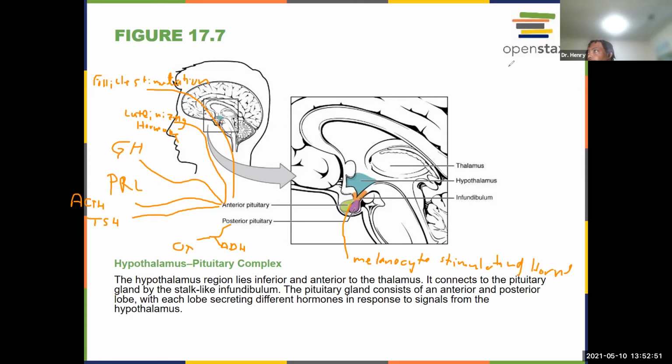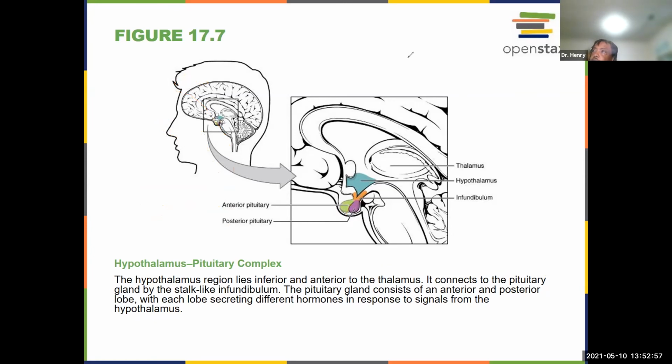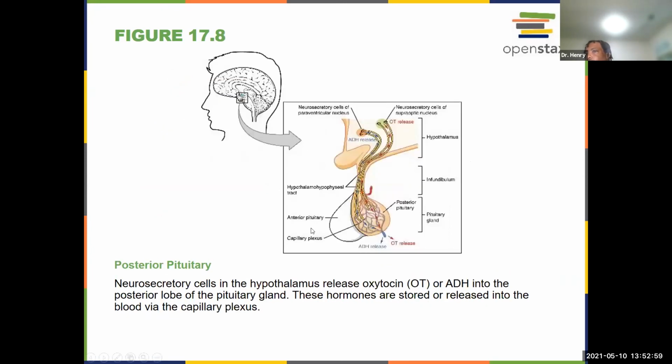Okay, so now the way that these work is, when we get those hormones in the posterior pituitary gland, the neurosecretory cells will actually start making the ADH, and it'll release it.